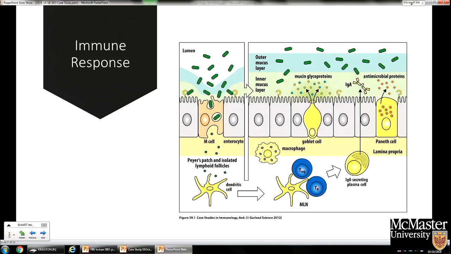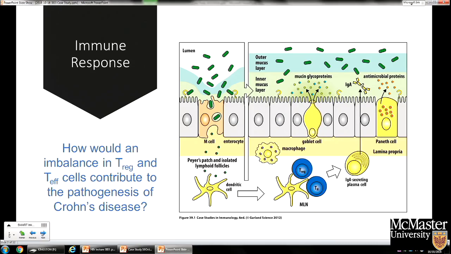Near the lamina propria, you also have some tissue-resident cells, for example, dendritic cells, which will constantly be sampling antigens from the luminal side and presenting those antigens to T cells. So my first question for you to investigate would be: how does an imbalance in T regulatory cells and T effector cells contribute to the pathogenesis of Crohn's disease?